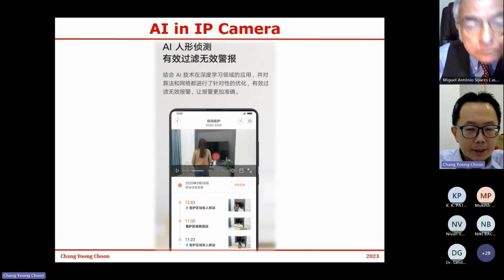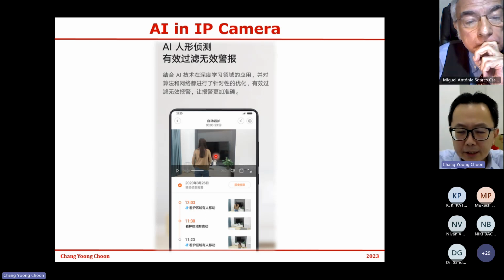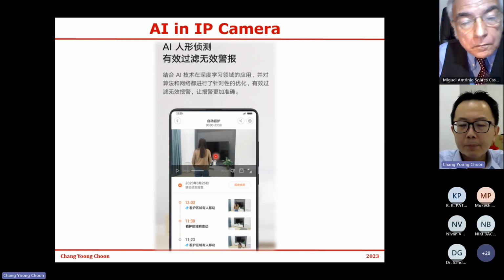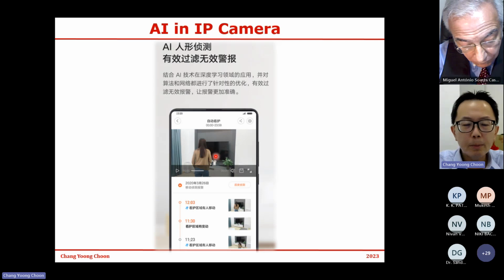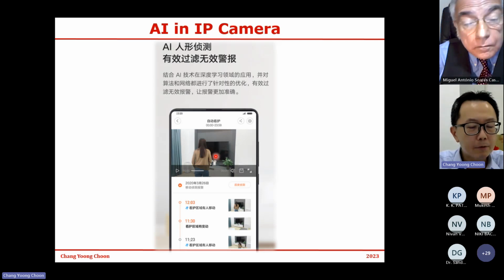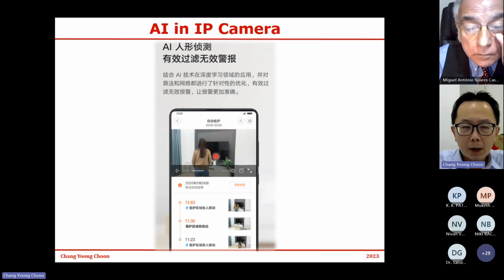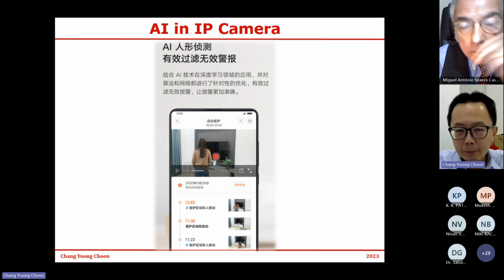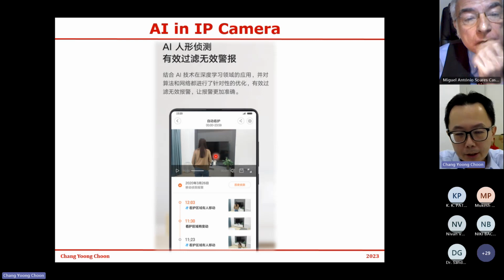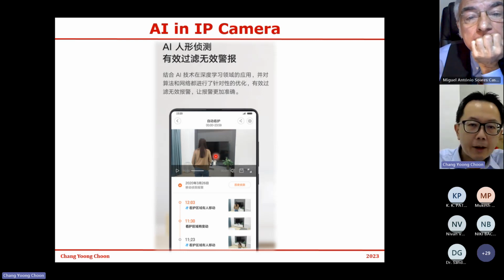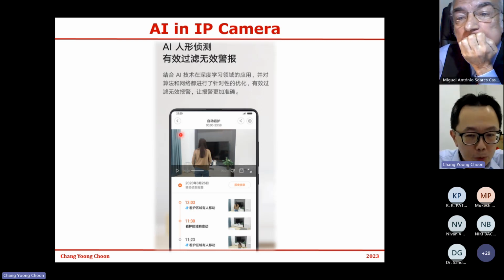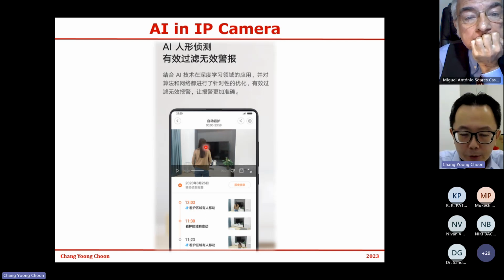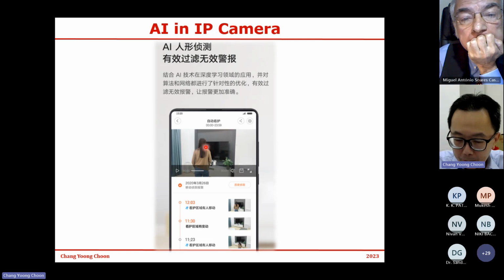And the latest ones, not every single IP camera, but for example, I believe a lot of you know Xiaomi, the brand from China. One of the good things about Xiaomi is that the IP camera is affordable, and they have actually put human detection into the IP camera.